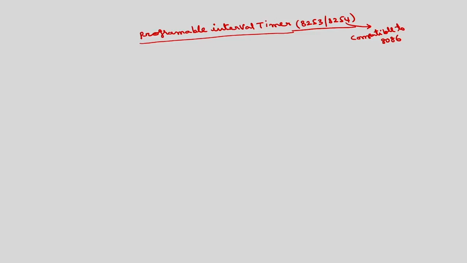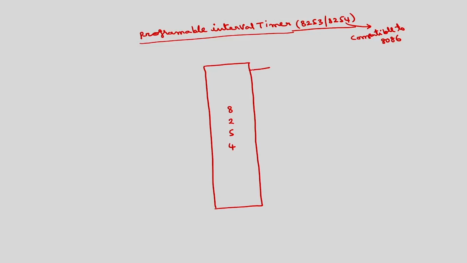This is basically a 24 pin IC which has 3 timers and 3 16-bit counters. There are 3 control signals for each counter. One is clock 0, gate 0, out 0. These are counter 0 signals.